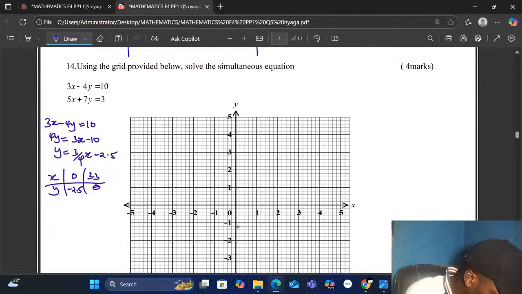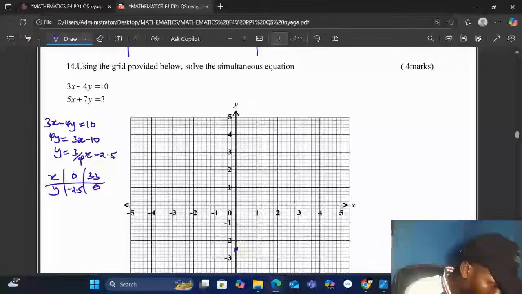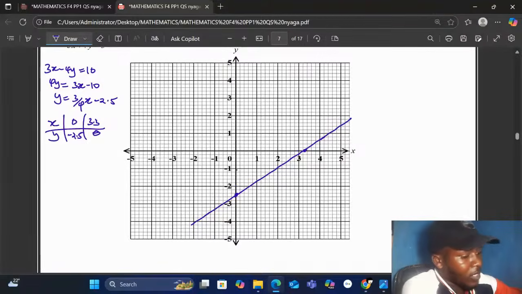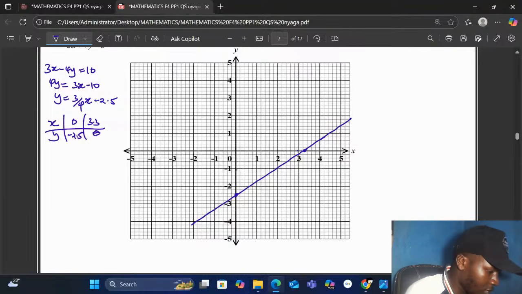Sorry, it's negative 2.5. Then we join the 2 points. That is now 3x minus 4y equals 10.